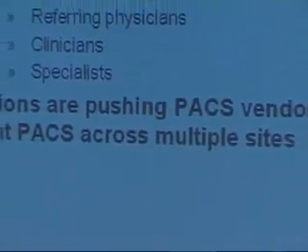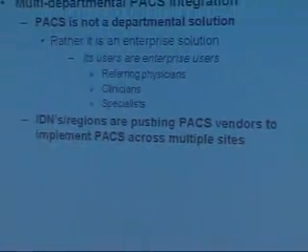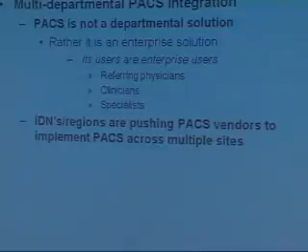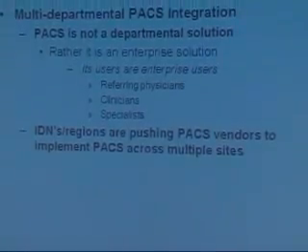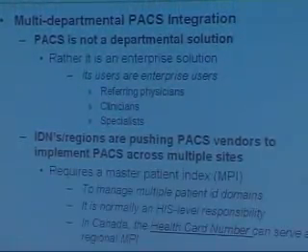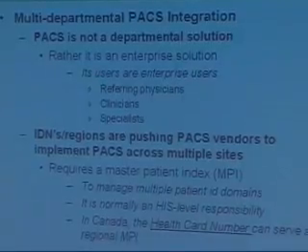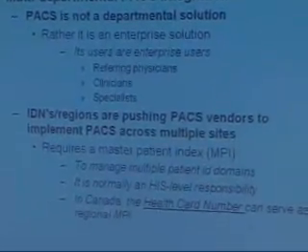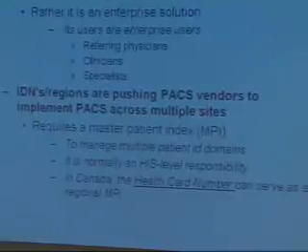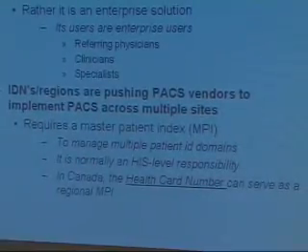Now, I mentioned earlier that radiology is really pushing the envelope of innovation within the hospital. One of the areas they're pushing hard on is for PACS vendors to implement across regions. And that has created a number of issues, again, coming back to that master patient index. Because the master patient index is really an IT/HIS level responsibility.